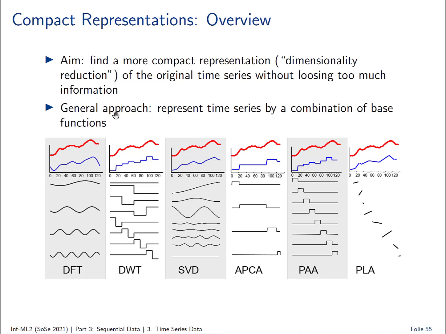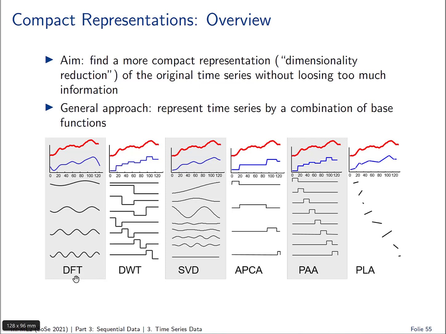And the most general approach here, most of these approaches, specific approaches follow here, is to represent the time series by a combination of base functions. And all these different methods that you see here, it's just a sample. There are a lot of other things existing. Those try to represent the time series just by different base functions.